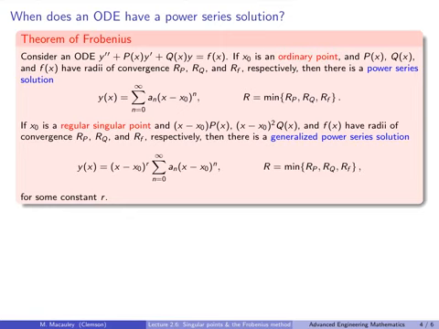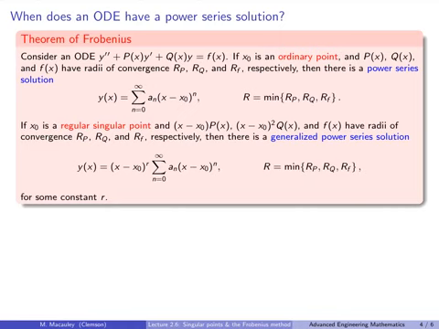So what is a generalized power series solution? Well, it is a power series, except it has this extra term in front of it, where r is some constant. Now, r could be a negative number, it could be a fraction, it could be complex.